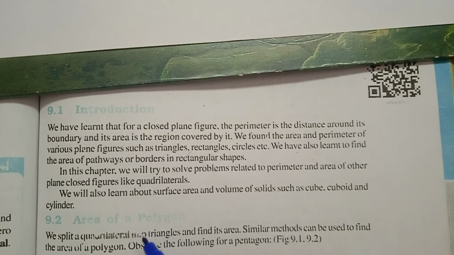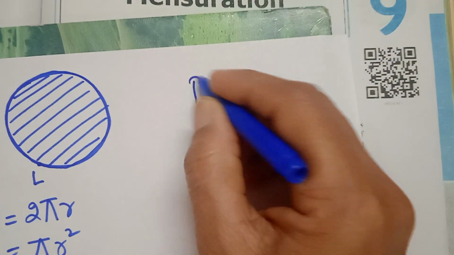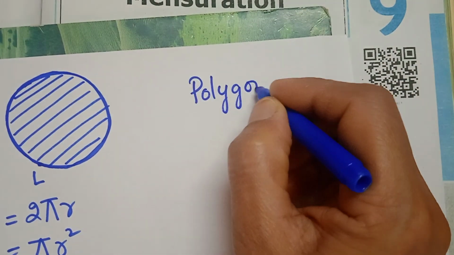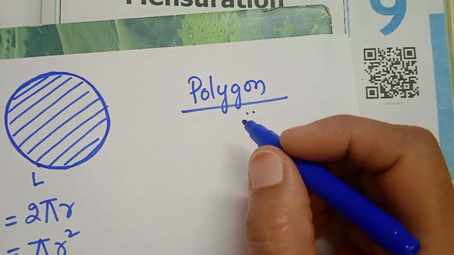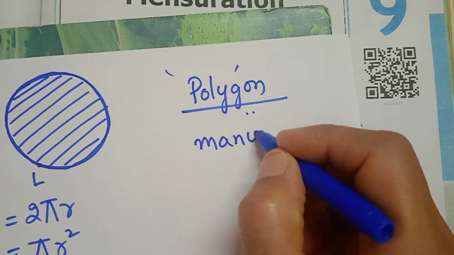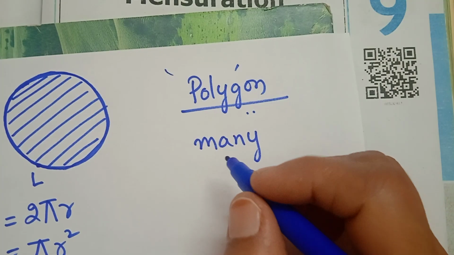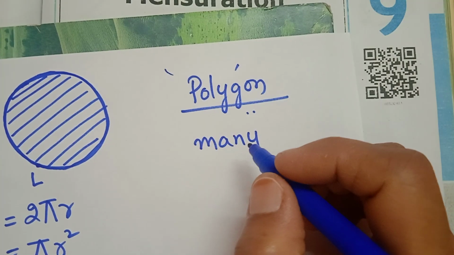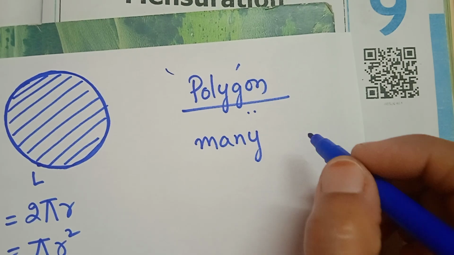So I'll tell you what a polygon is now. What do you mean by the term poly? The term poly means many. So a plane figure which has many sides is called a polygon.